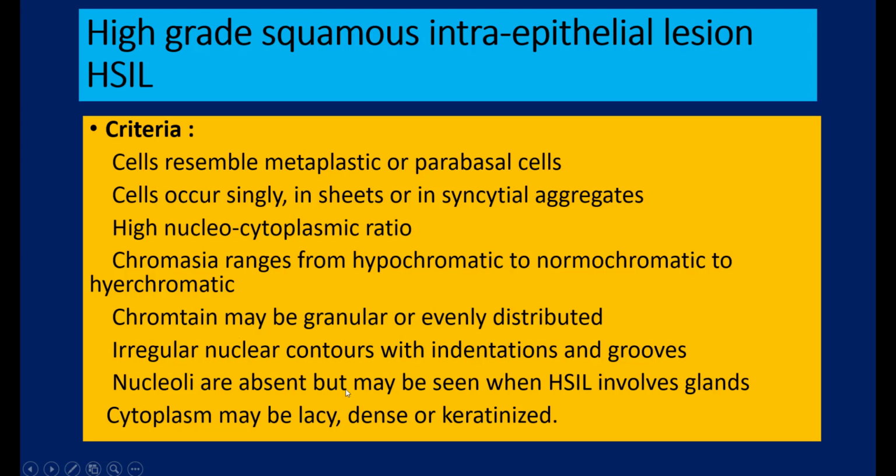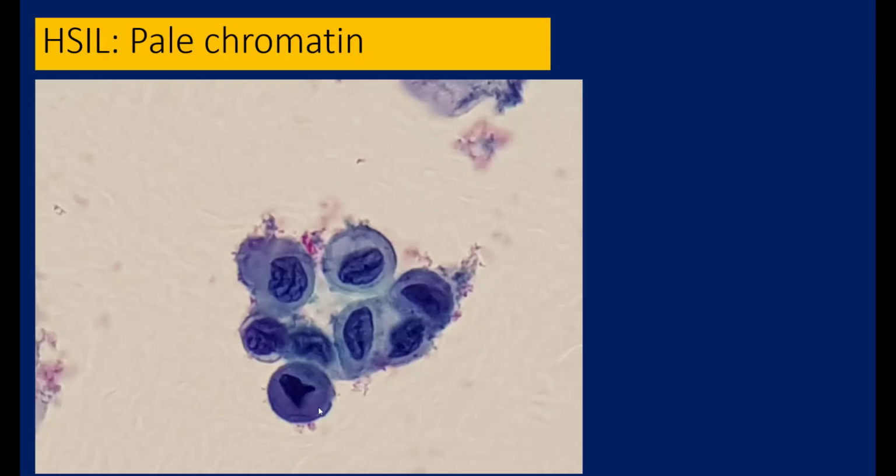Nucleoli are absent, but please remember that when HSIL involves glands, nucleoli may be found. Even the character of the cytoplasm may be extremely variable. The cytoplasm may be lacy, it can be dense, or could even be keratinized.